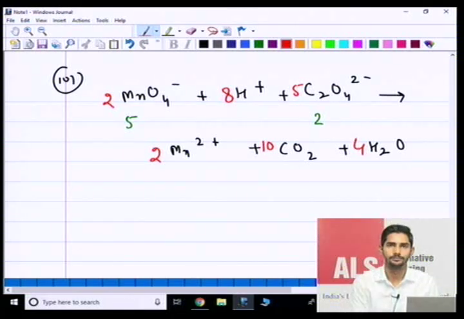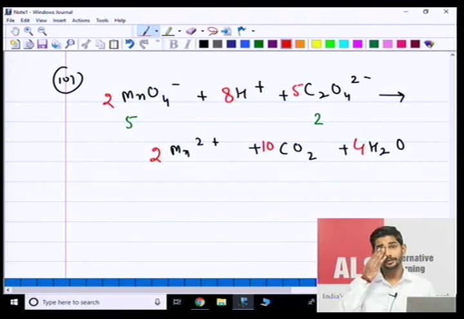You can have your answer. Whenever half cells are given to you, use the trick that I have discussed with you. Other than that, you can opt for the options. Whenever in a balancing question options are given to you, please go through the options.